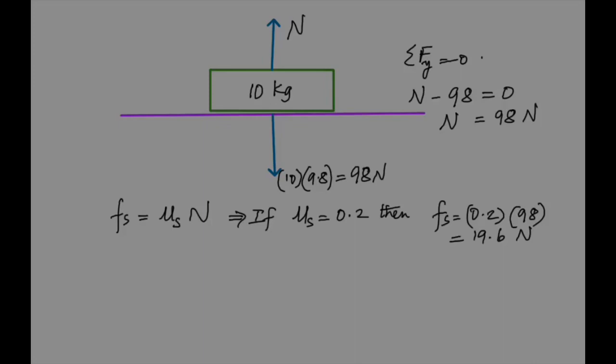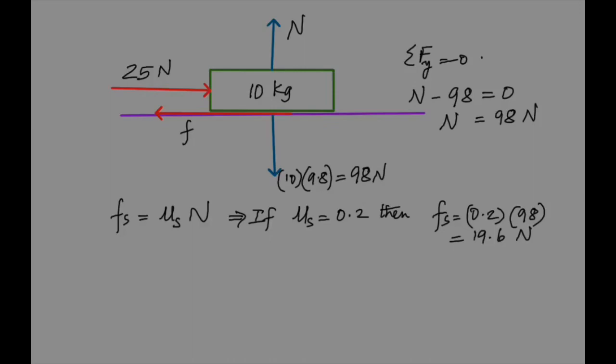All right, so now consider that you want to move this object from the left to the right, so you're going to apply a force. Imagine that 25 newtons of force is applied, and now you're going to have kinetic friction exactly opposite. Okay? So in this situation, we've got to look at the net force along the x-axis now. So you have two forces. One is 25 newtons, and the other is the friction.